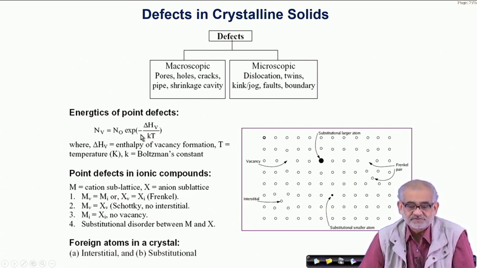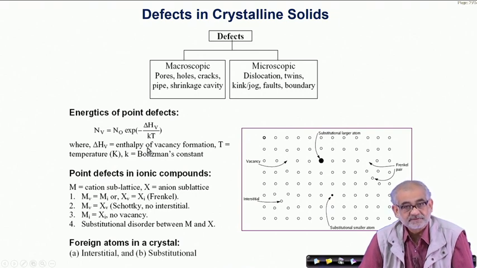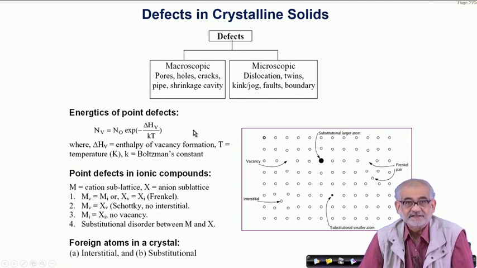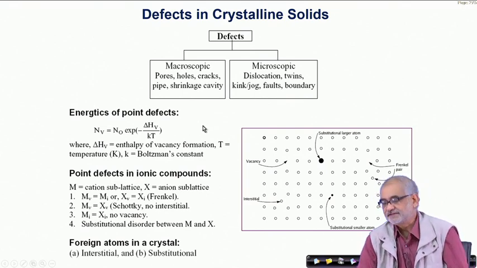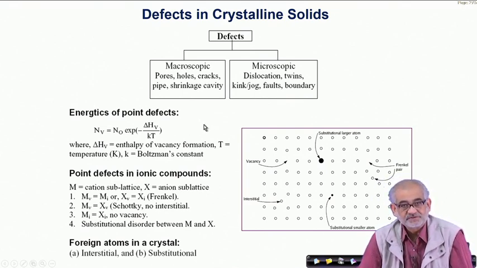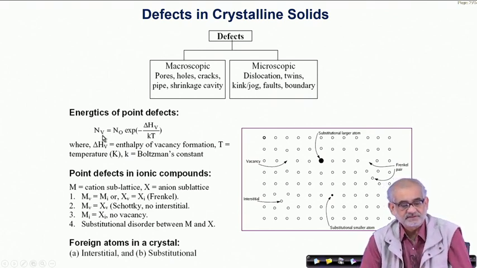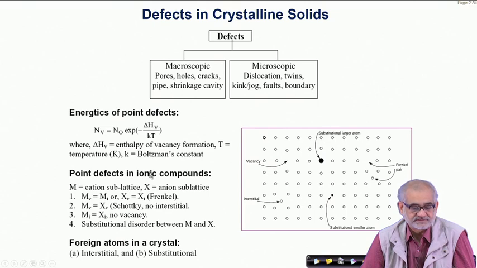And if you consider Gibbs energy as the stability index of any given system, which has two components, the enthalpy and entropy, and the entropy part essentially increases, and as a result the stability of the system dictated by delta G decreases, and every system in the universe actually tends to go towards lowering of Gibbs energy. So obviously increasing randomness, increasing entropy, and thereby decreasing delta G stabilizes the system. So having a certain amount of vacancies in a crystal is actually beneficial for the stability of the crystal.